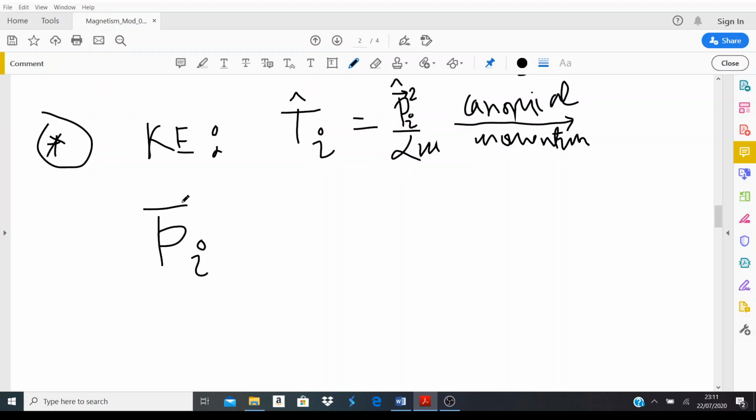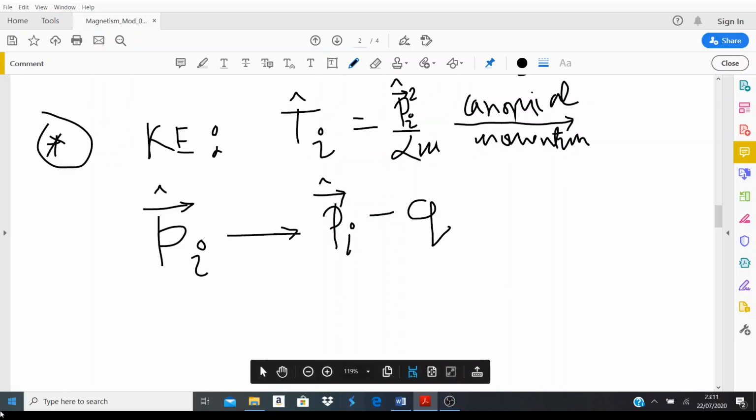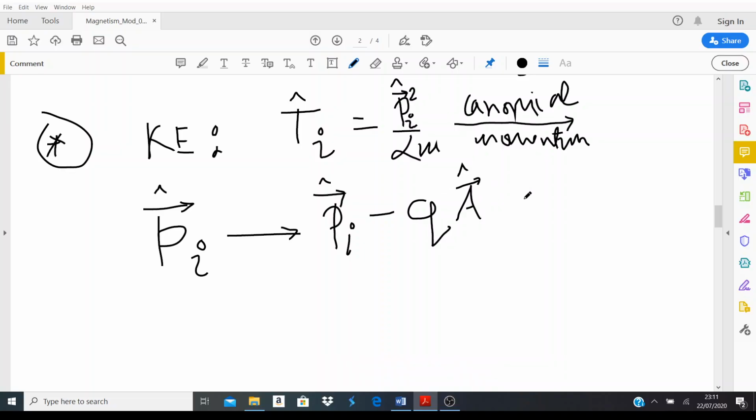Whenever you see some pi, some operator regarding the momentum operator, you need to replace this by pi minus the charge of the object you are considering times the magnetic vector potential. Let me put the hat just to denote that this is an operator. That's how we convert the ordinary momentum to the canonical one.